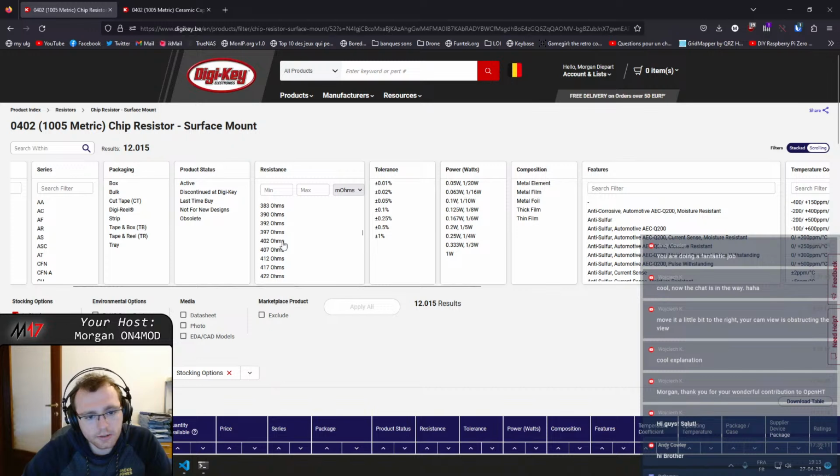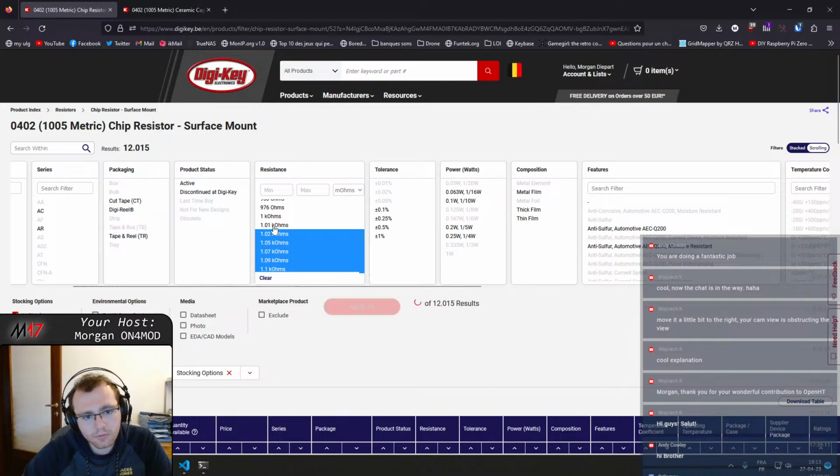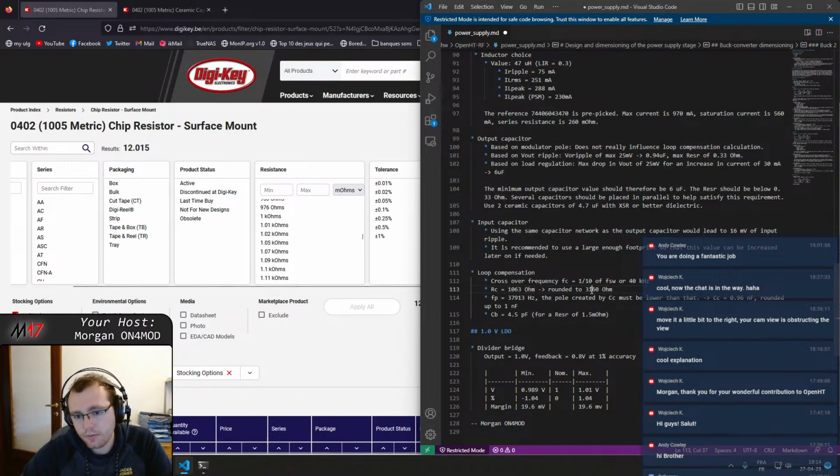I think 1K is gonna be the closest value. Yeah, okay, 1 kilo ohms is good enough.